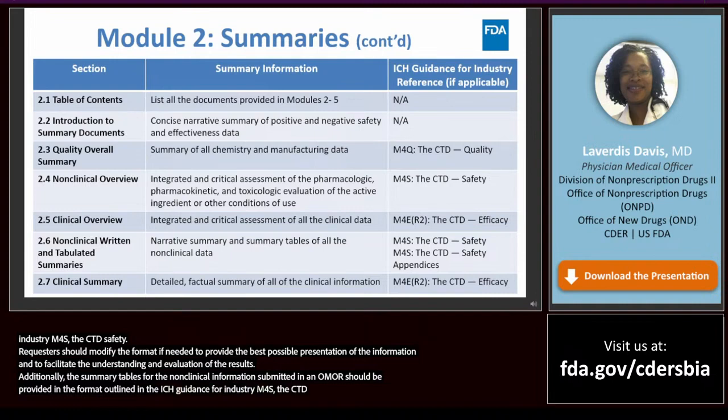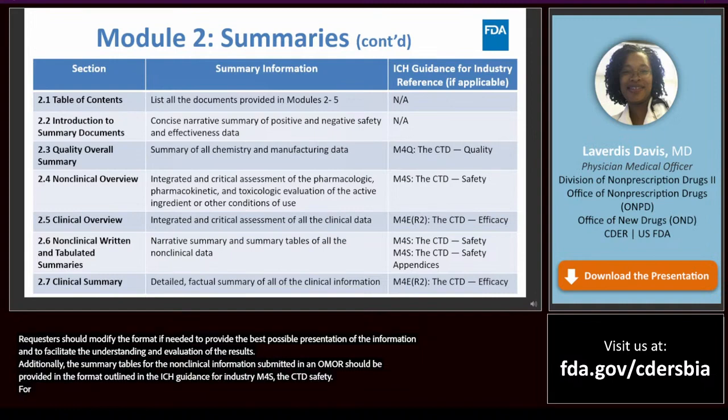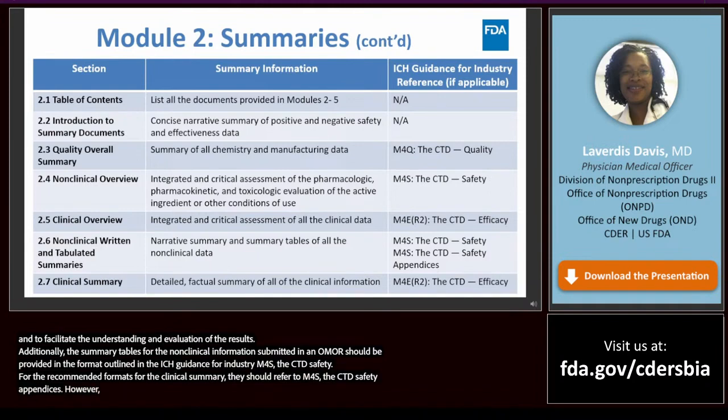For the recommended formats for the tables in the non-clinical tabulated summaries, requesters should refer to Appendices B and C in the ICH Guidance for Industry M4S, the CTD Safety Appendices. However, requesters should modify the format, if warranted, to provide the best possible presentation of the information and to facilitate the understanding and evaluation of the results.